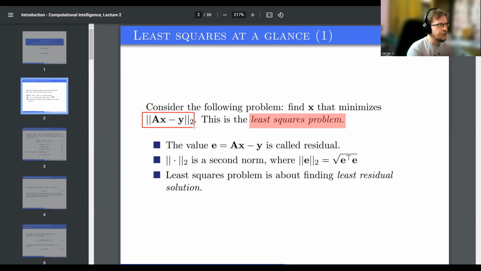So find such x that the norm of Ax minus y is as small as possible. So this value Ax minus y is called residual. We would sometimes denote it as e, residual. So the difference between what Ax is and what y is.